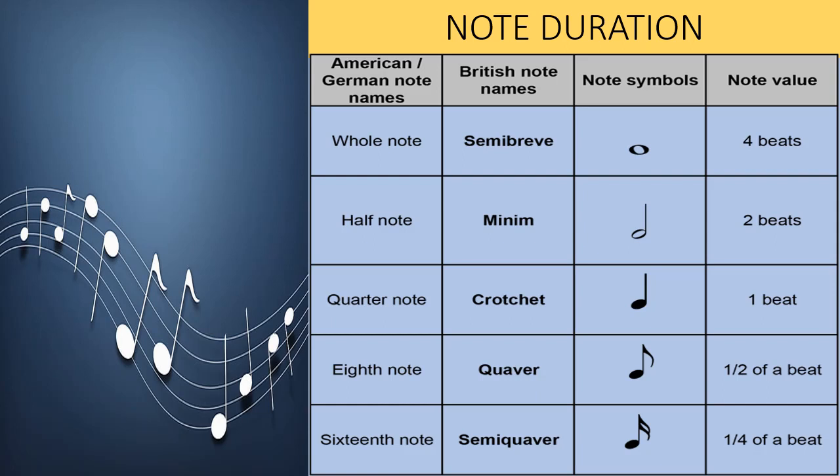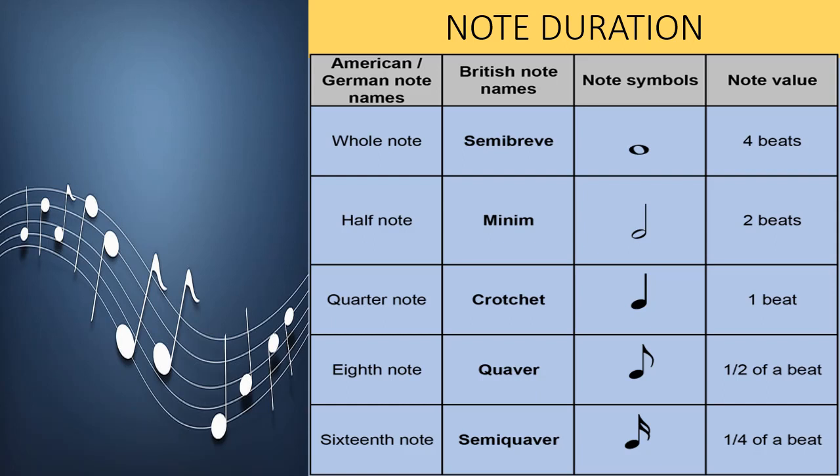Now the whole note is 4 beats. The half note, which is the minim, is 2 beats. The crotchet note is 1 beat. The 8th note is a half beat, and the 16th note, which is the semiquaver, is 1/4 of a beat.